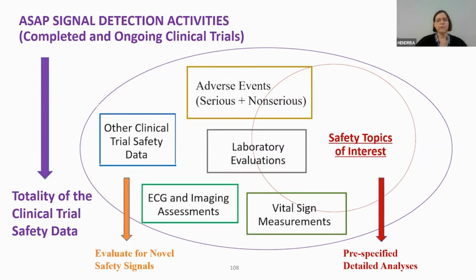So additional events that may not be covered under the safety topic of interest, including laboratory evaluations, vital sign measurements, ECG assessments, other types of safety data. So it's very important that all of this data is systematically evaluated during the course of the ongoing clinical trials for any novel safety signals, which may not have been designated as safety topics of interest at the start of the clinical development program.